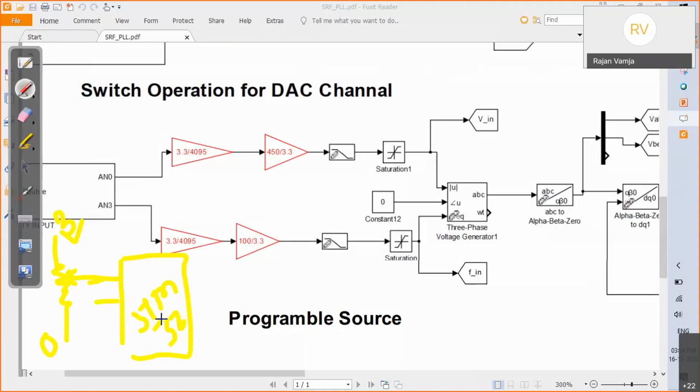Then this ADC, which is a part of the controller, will convert that value of 0 to 3 volts into 0 to 4096, a digital number. Our task is to get the actual original value which is outside.